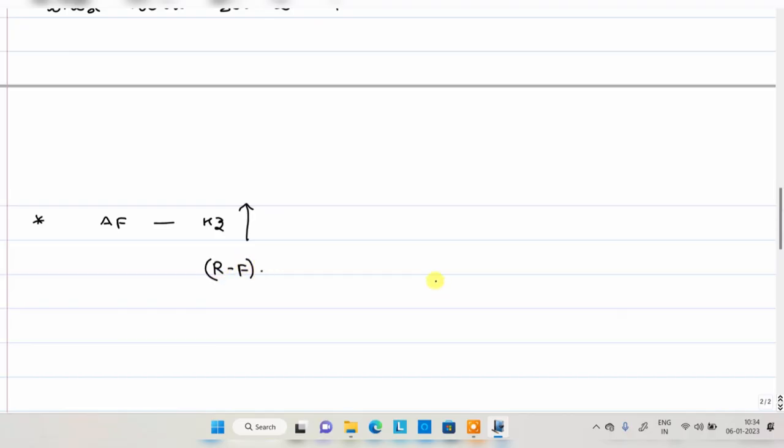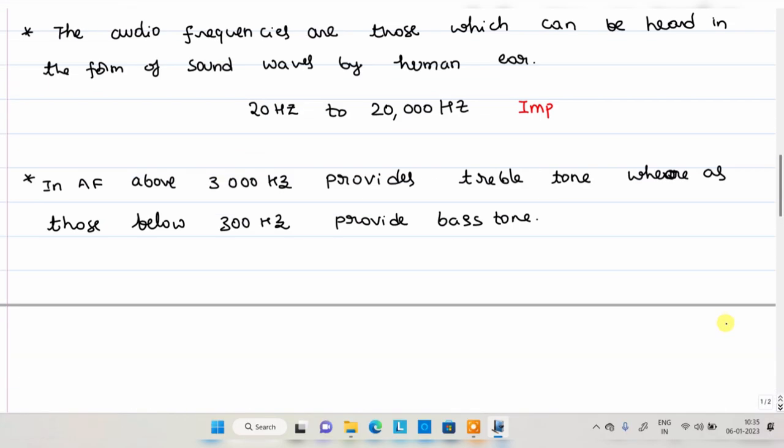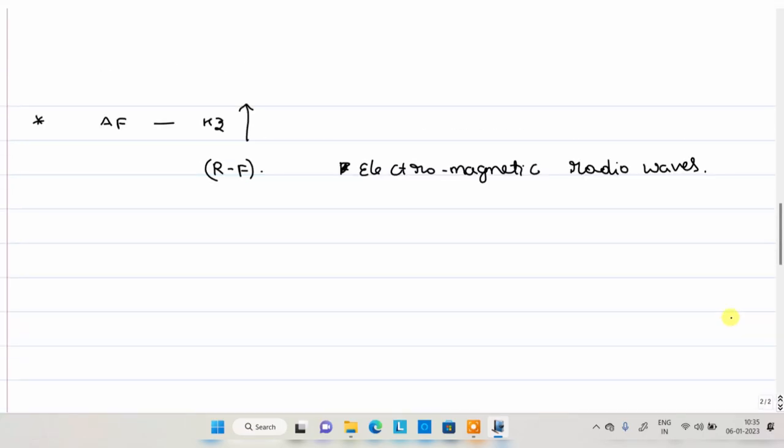In radio frequencies, the waves transmitted are electromagnetic radio waves. So this is about the audio and radio frequencies. Radio frequencies are transferred in which form? Electromagnetic radio waves. Okay, electromagnetic form.